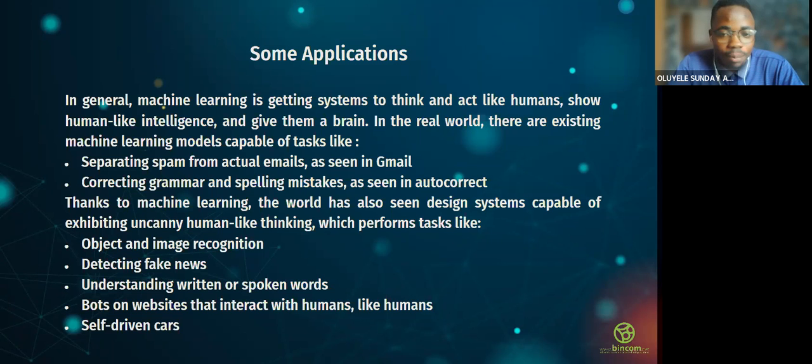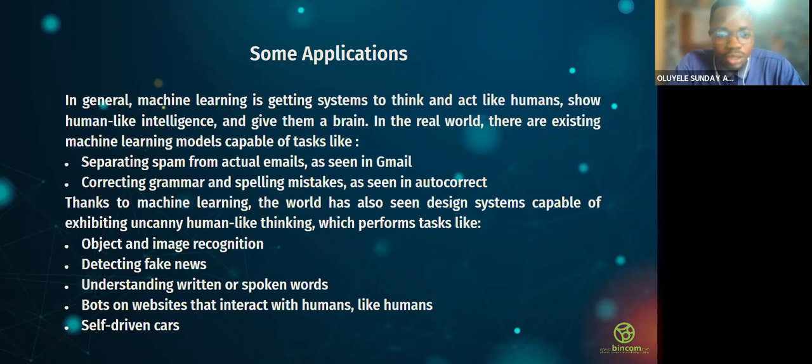It has been passed through some algorithms that have been able to make your email know definitely that this particular mail is supposed to be in the spam folder, that it contains some form of scam or anything. Some of the tasks also include correcting grammar and spelling mistakes as seen in autocorrect. These are the jobs of a machine learning model.